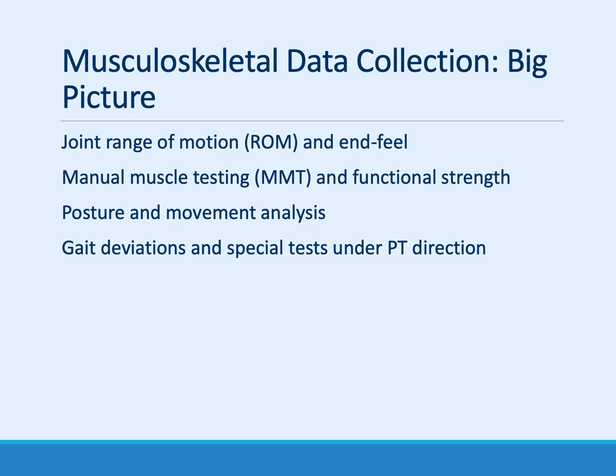But the point with musculoskeletal data is that each measurement should tell you something practical. Limited range of motion might explain difficulty with stairs because a patient isn't able to achieve enough hip flexion to get the appropriate foot clearance to go up the stairs.